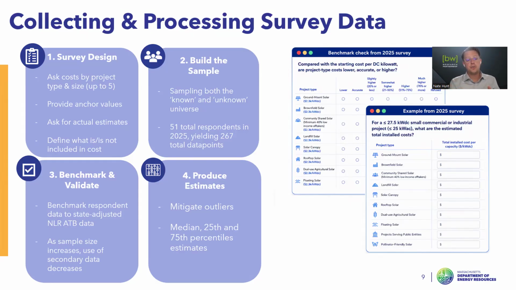Whereas if we only have one or two responses for a specific project type, those are instances where we'll actually more heavily utilize some of the secondary data that exists, primarily from the NLR ATB dataset, so that, as I mentioned earlier, we're not specifically just citing only one project and taking that as applicable to all the other potential projects of that size or of that type.